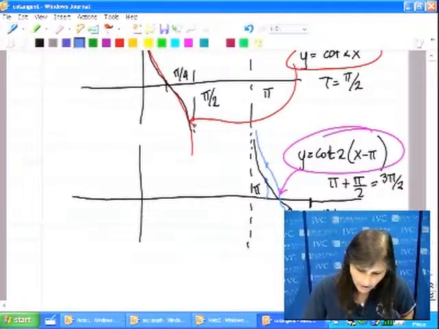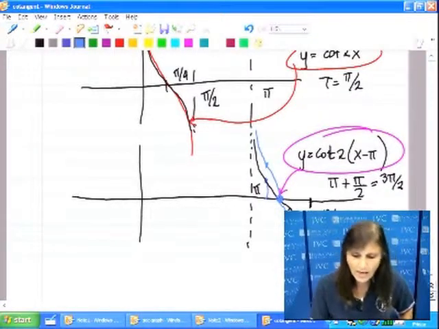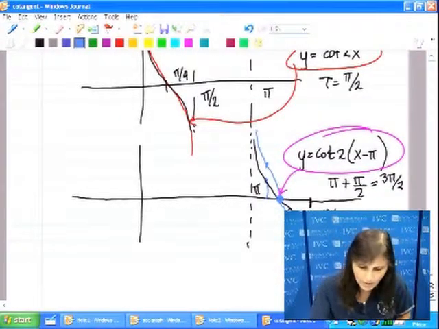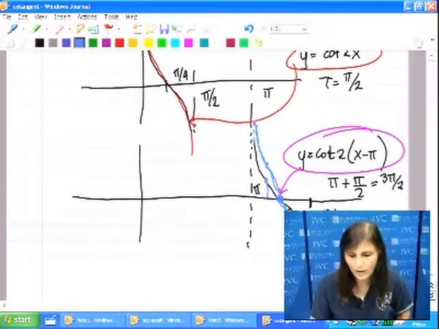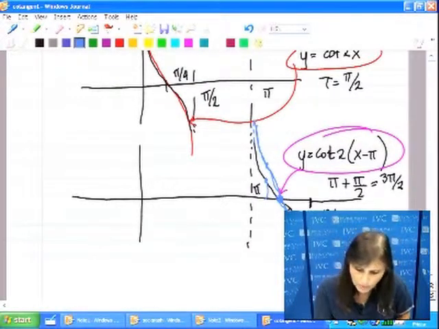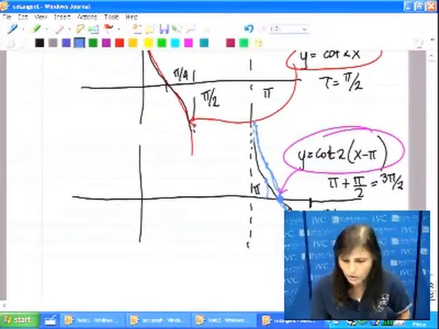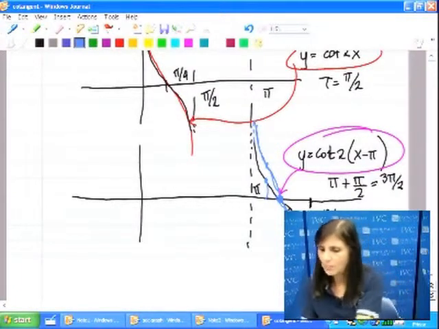My drawing is still going to stay in here, but it's going to be a little steeper. But at the asymptote, it's going to get close to the black one. Okay, so this is the picture of 2 cotangent of (2x minus pi).